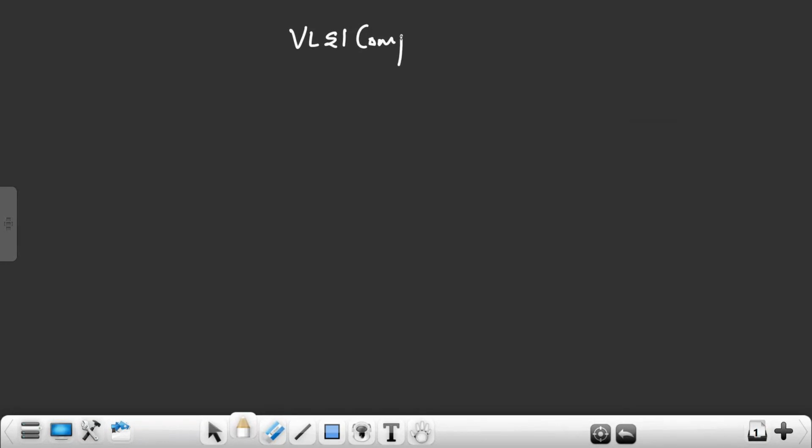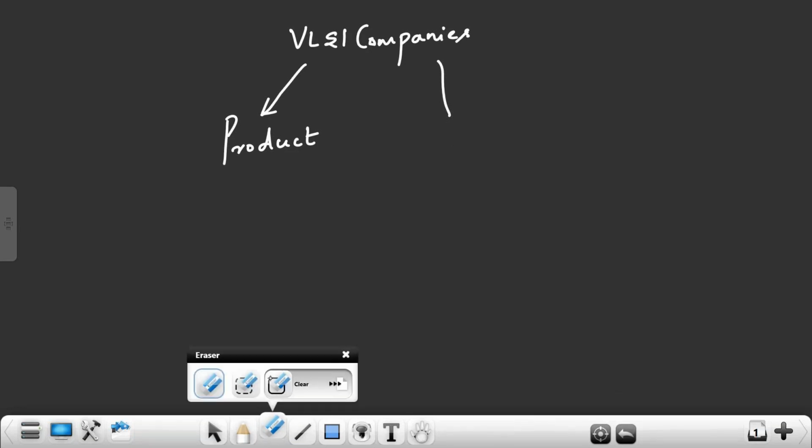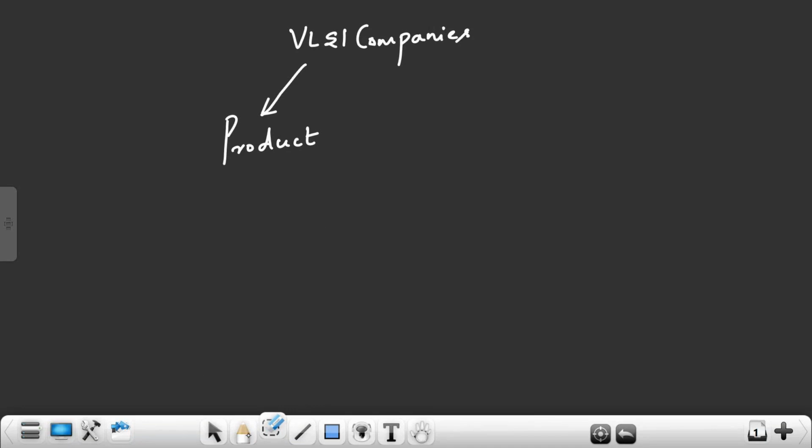There are VLSI companies. In these VLSI companies, again, there are two categories. One is product-based. It's already been told to you. Yes or no? So you have product-based companies. What are the examples of product-based companies?